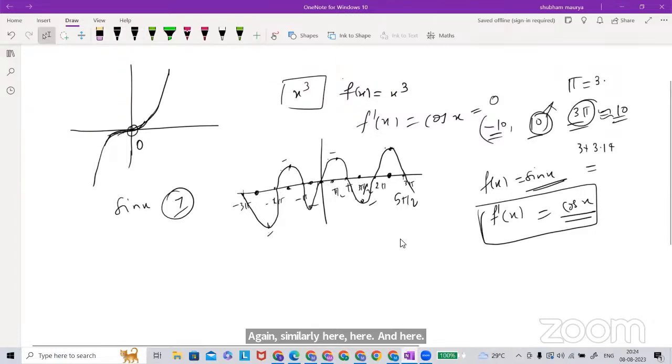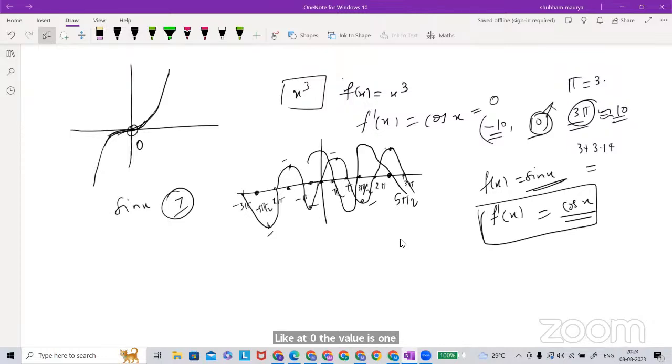So here it will be like 3 pi by 2 and minus 5 pi by 2 at these points. At 0, the value is 1. And at minus pi by 2 or pi by 2, the cos will go like this, and similarly this one.